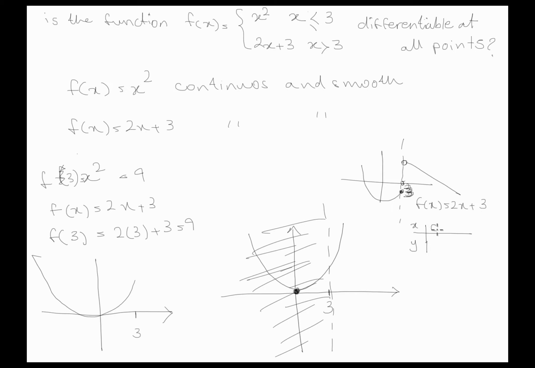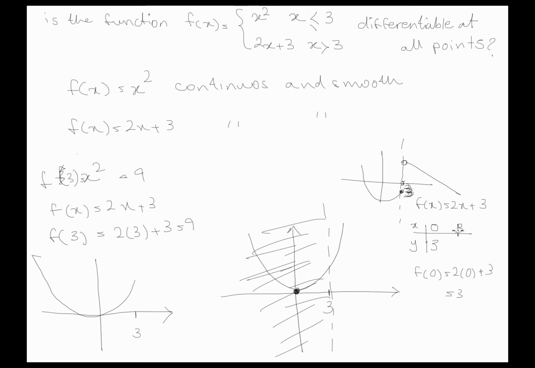I say 0, and then you substitute that in and find out what value of y that gives you. So f of 0 is equal to 2 times 0 plus 3, which is 3. So the y value corresponding to this value of x is going to be 3. And then you put in any other value. For now, I put in 3 because that's just going to make my life easier.